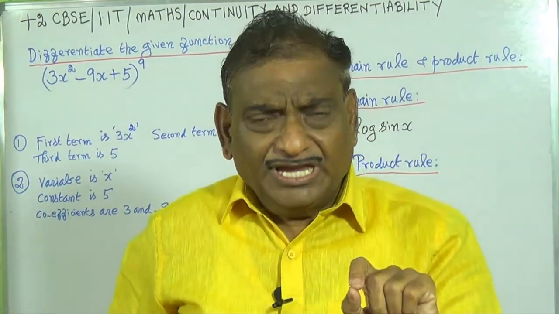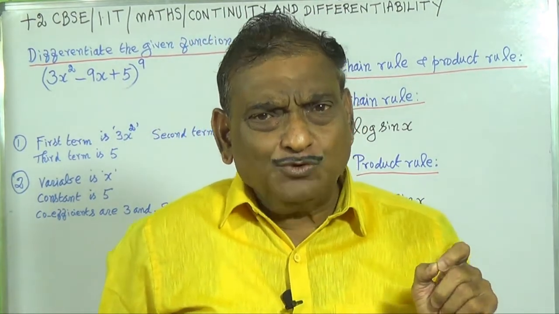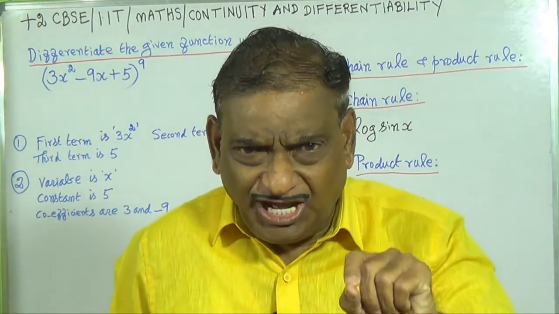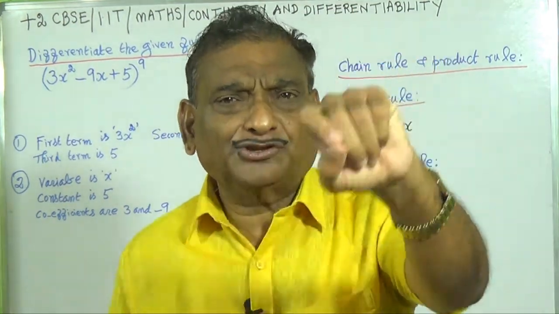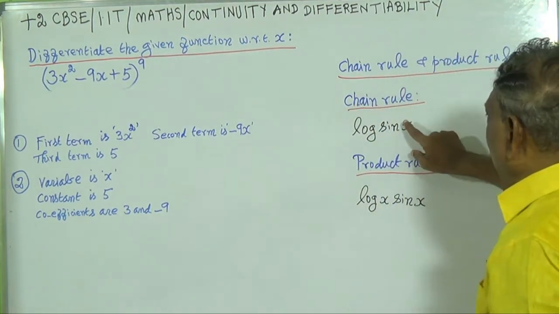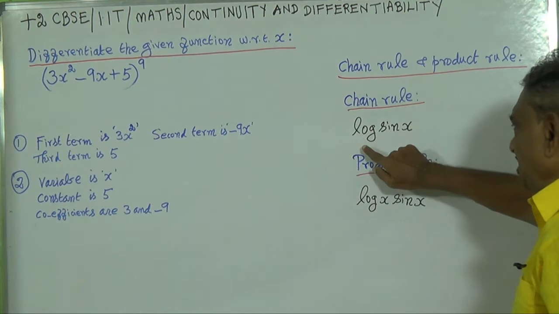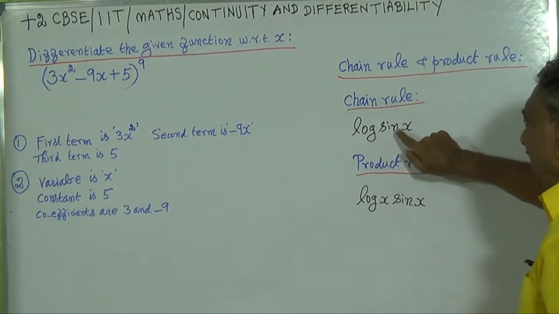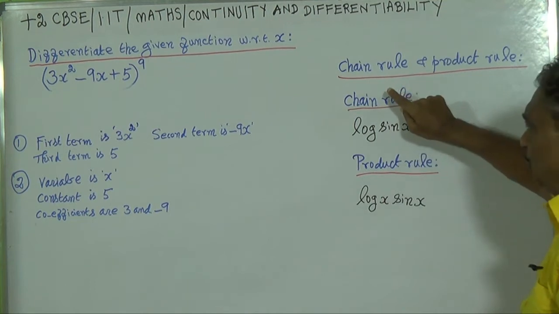Many times some students get confusion whether we have to differentiate as per the chain rule or as per the product rule. Suppose if the given function is in this format, that is log of sin x, we should differentiate as per chain rule.